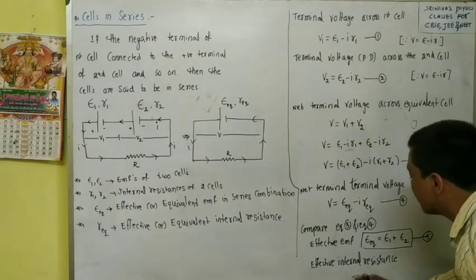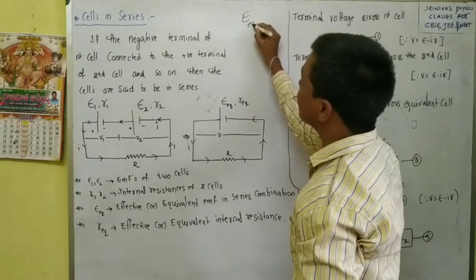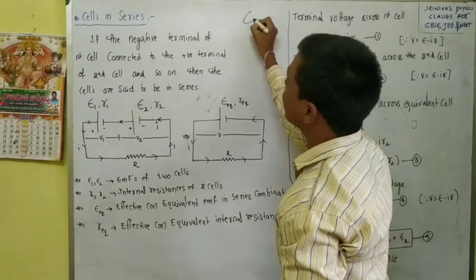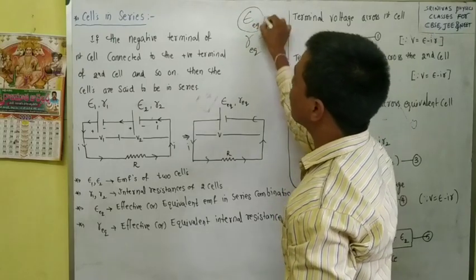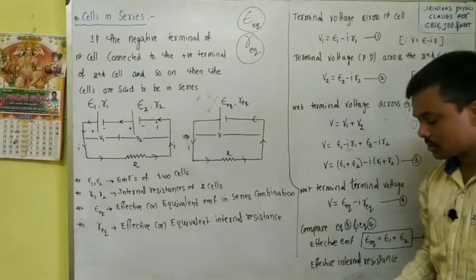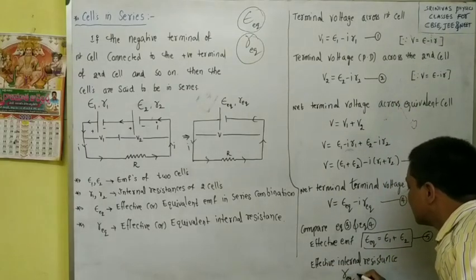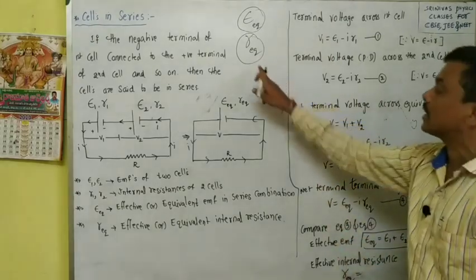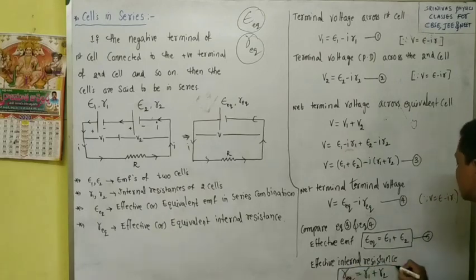R equivalent, R suffix EQ, and E equivalent means E suffix EQ, the effective EMF and the effective internal resistance. The effective internal resistance R equivalent is equal to R1 plus R2. This is equation 6.